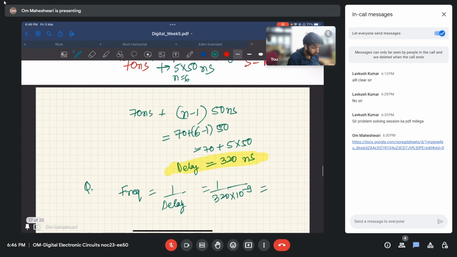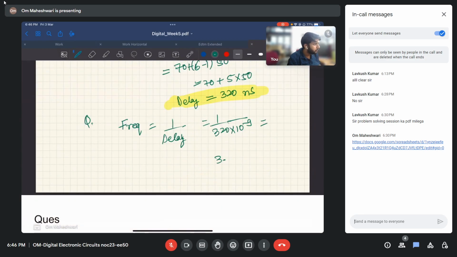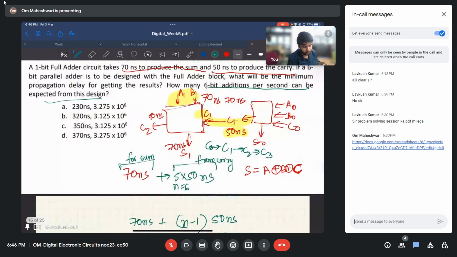So that is 3.125 into 10 to the power 6 additions. So the answer is this. Is there any doubt here? If yes, please let me know. I'll repeat it.